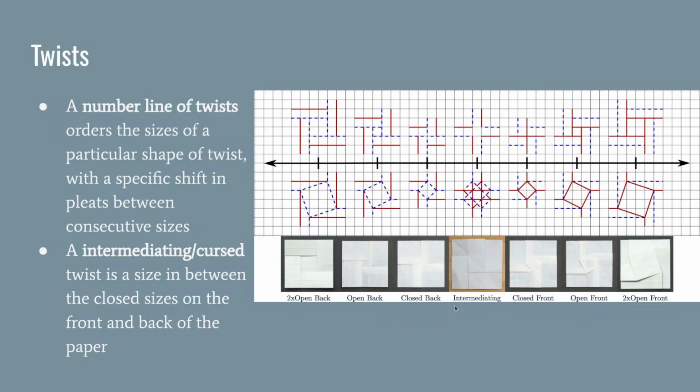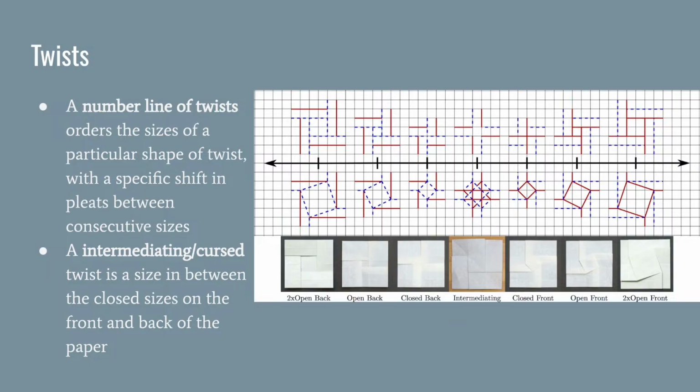When I'm publishing in mathematical conferences and such, I'll say the twists in between the closed sizes on the front and the back are intermediating. When I'm talking to origami people, I call them cursed twists because you actually do have to pre-crease all of these off-grid lines, which are more than the usual off-grid lines, in order to get that folded.